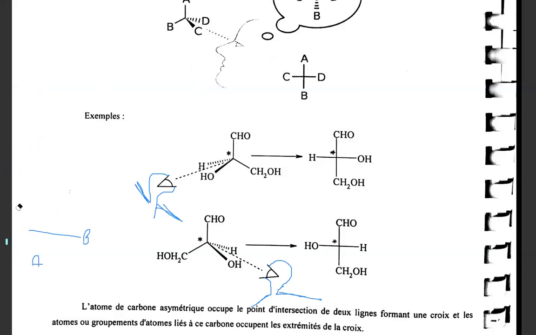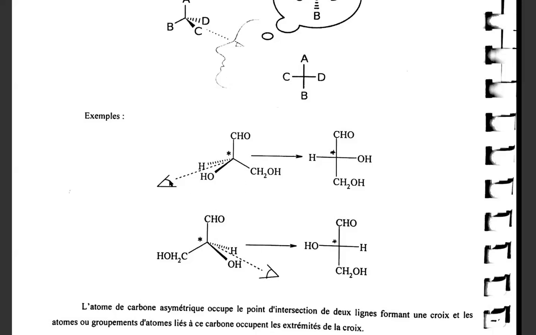If you've noticed, c'est la même chose avec la projection de CRAM, but now you just use these rules here: the one that is in the plane will have the chain that is going to move from top to bottom, that is A to B. The one that was on your right remains on your right, and the one on your left remains on your left, depending on which direction you're looking at it from.